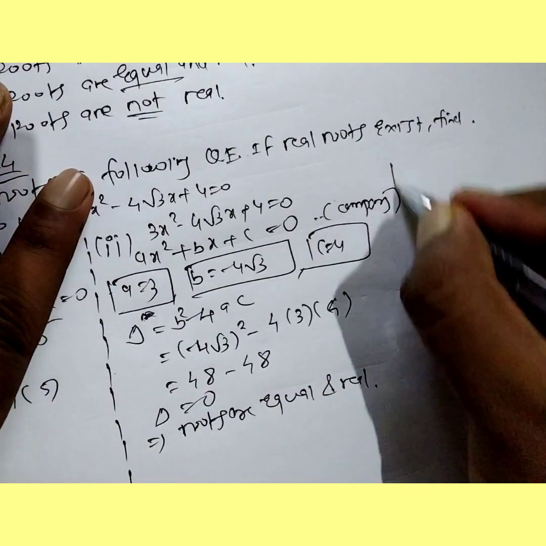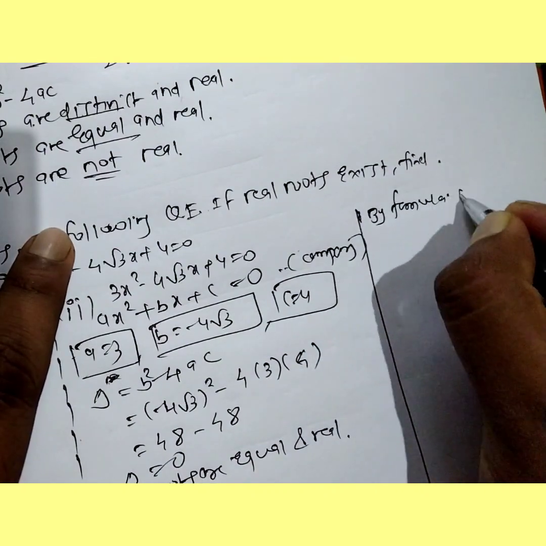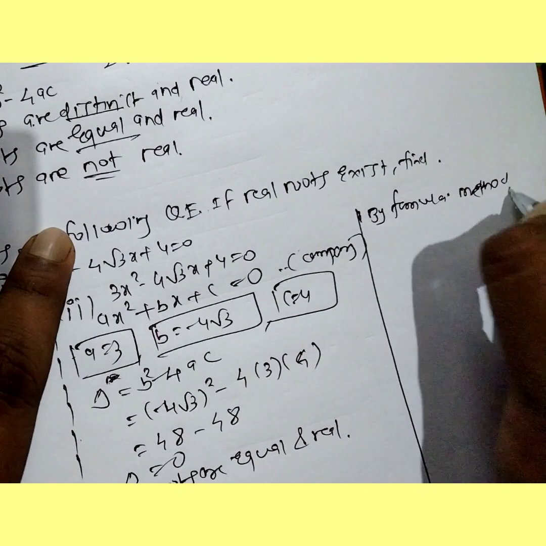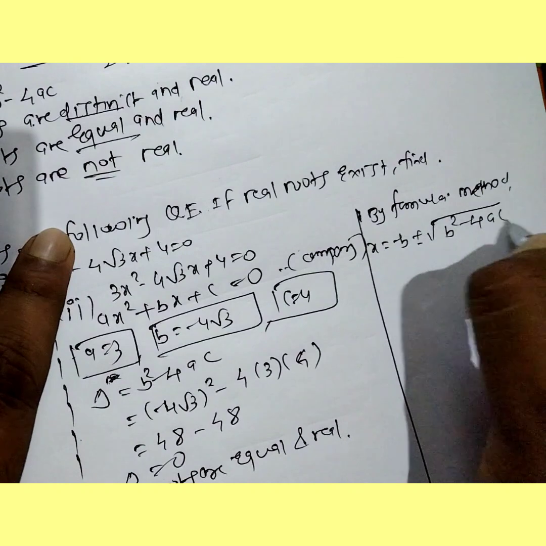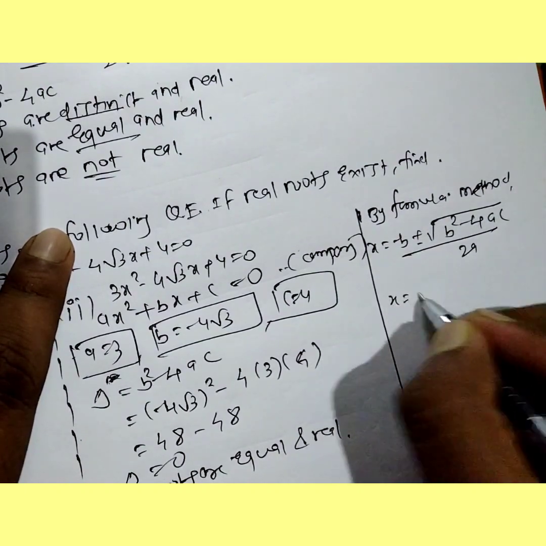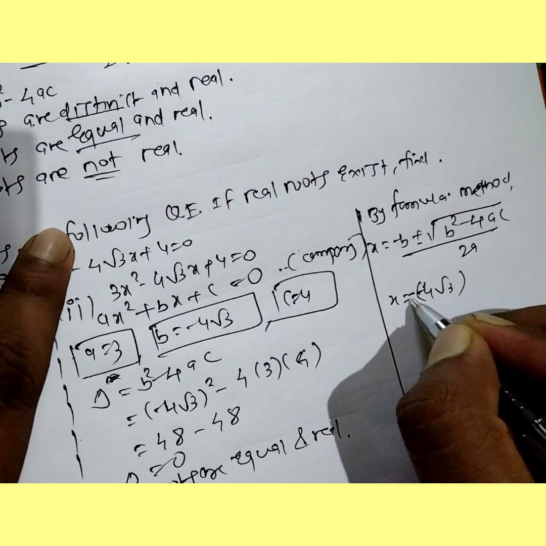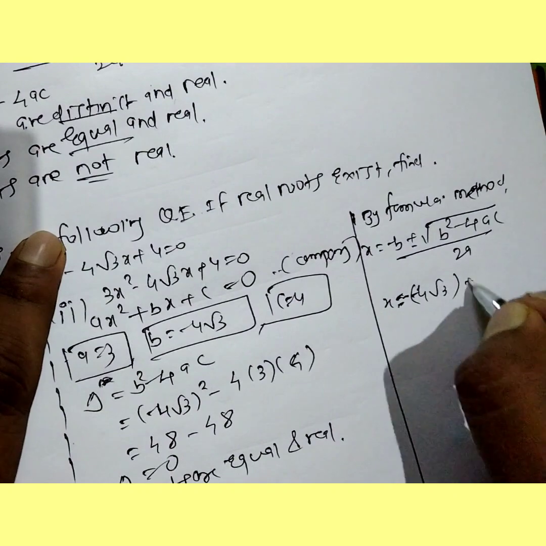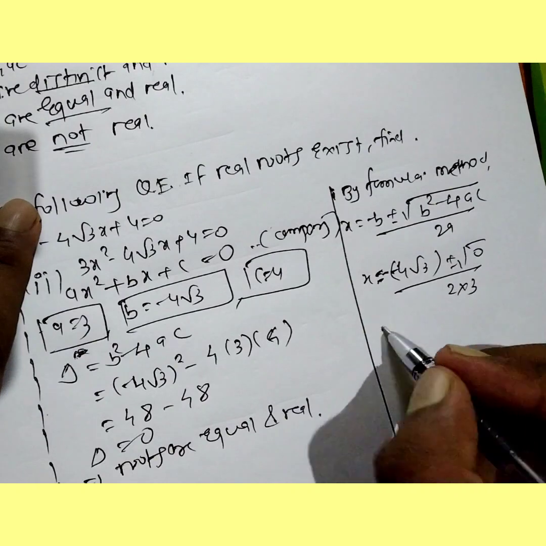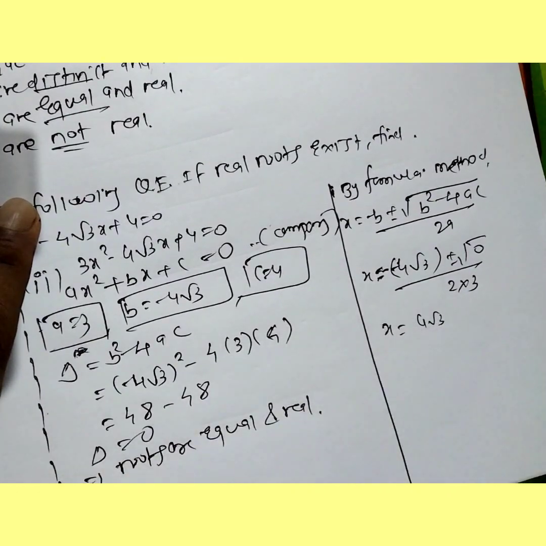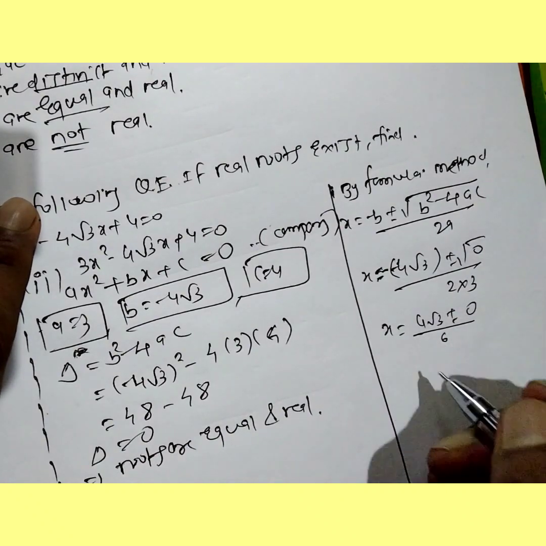So if I apply the formula method, x is minus b plus minus root of b square minus 4ac upon 2a. So what will you get? Minus b is as it is, so we are writing the value of b, plus minus this part is 0, upon 2a, and a is 3, right now. So what will you get? 4 root 3 plus minus 0 upon, you can see, this is 6.